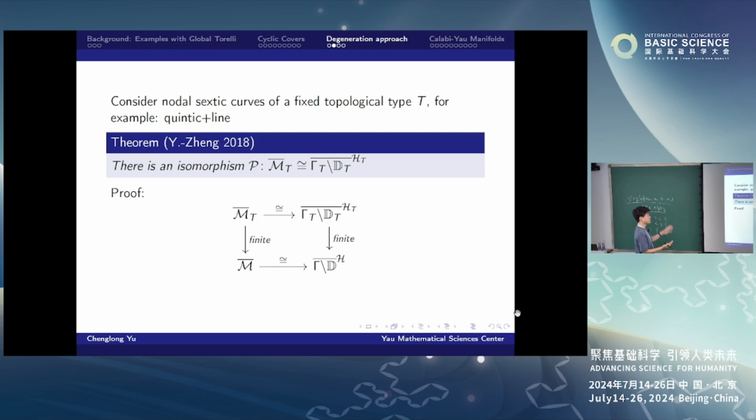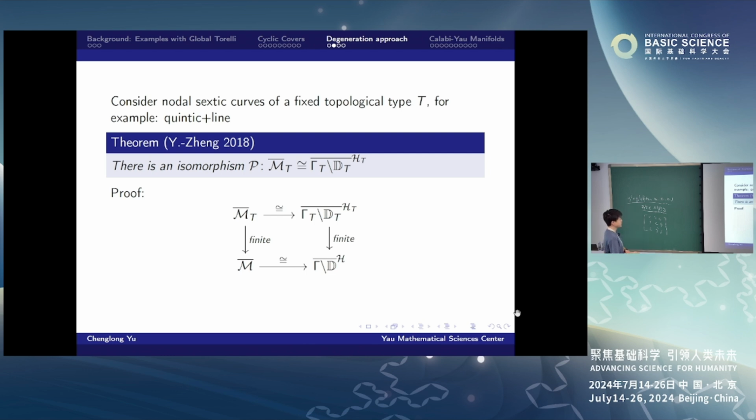And of course, you can also have a sextic curve with just one irreducible component and 5 nodal singularities. There are different topological types. But for each of those topological types, we can have a similar theorem relating the moduli space of those singular sextic curves with the Looijenga compactification of a type IV domain.